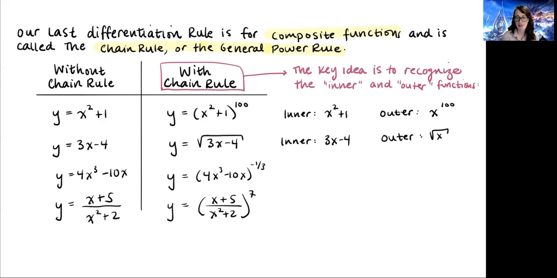In our third example here, we have something that is raised to the negative 1/3 power, but what's inside is another function itself. So in this case, our inner function is the 4x cubed minus 10x, and that's being put into the outer function that raises that stuff to the negative 1/3 power.